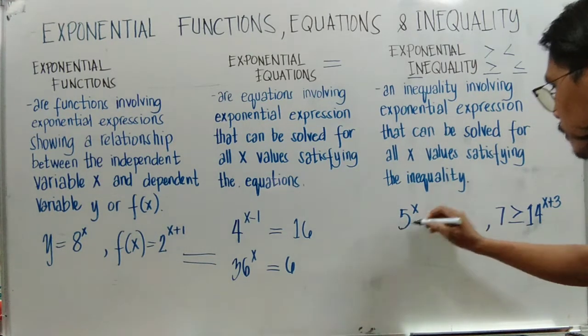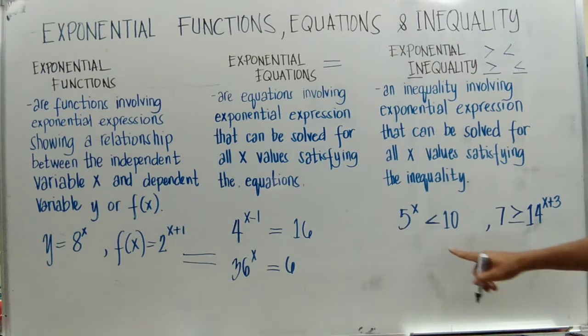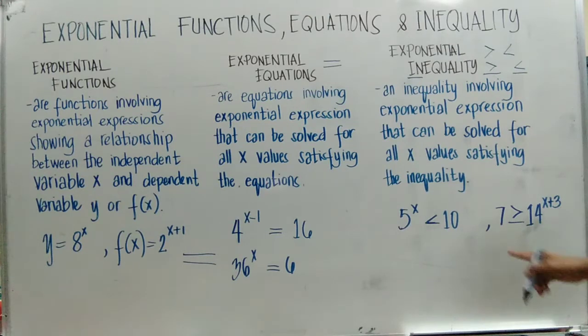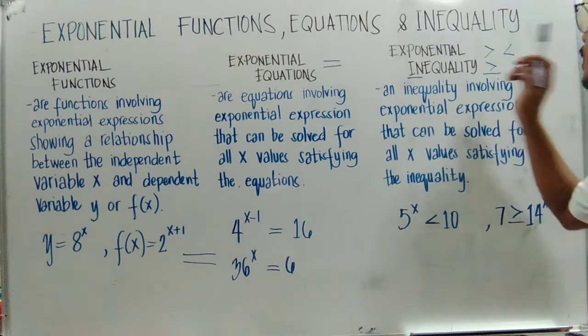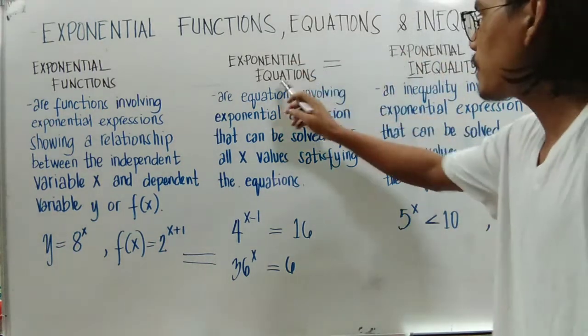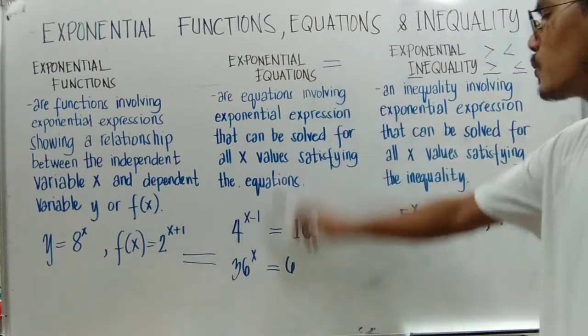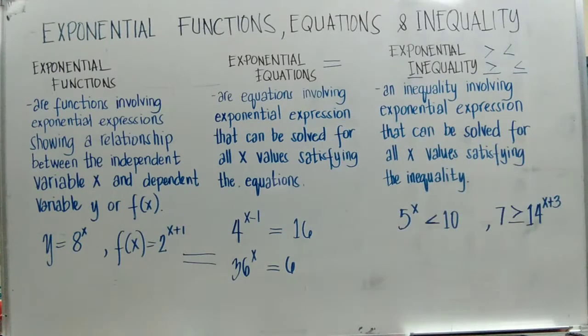So 5 raised to x is less than 10. And another one, we have 7 is greater than or equal to 14 raised to x plus 3. If you can see, the only difference between exponential inequality and exponential equation are the symbols between the quantities or expressions.